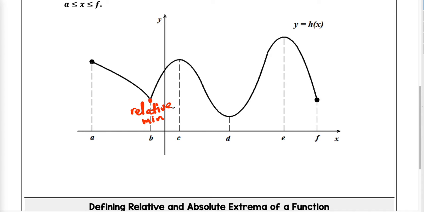A relative min means your function changes from decreasing to increasing. It's usually really easy to spot when you're looking at a picture. If your function changes from decreasing to increasing, that's a relative min. If your function changes from increasing to decreasing, that's a relative max.